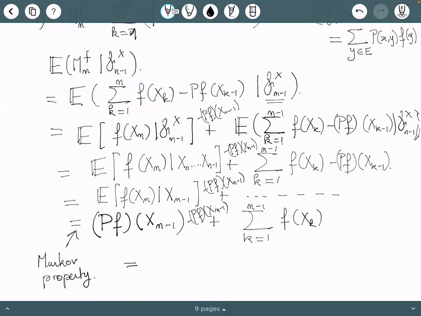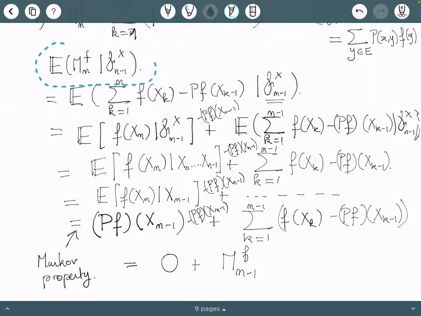So at the end, you have a cancellation of these two terms, so it is 0 plus what remains, which is exactly the martingale at time n minus 1. So we prove the equality between this guy and this guy. So we have a martingale.